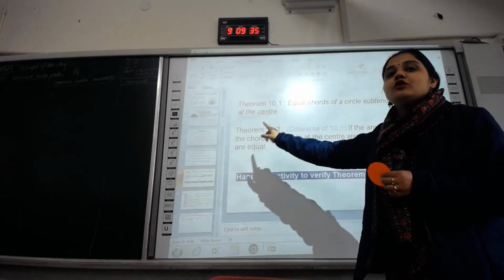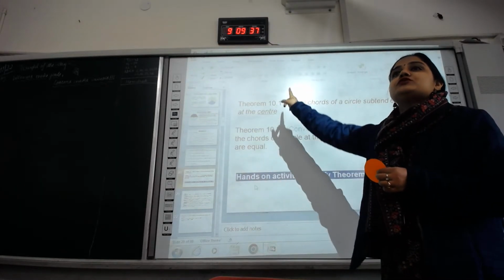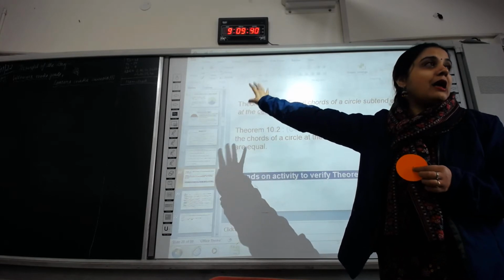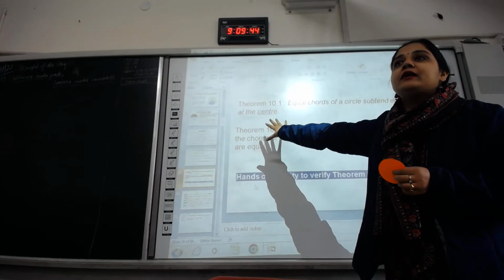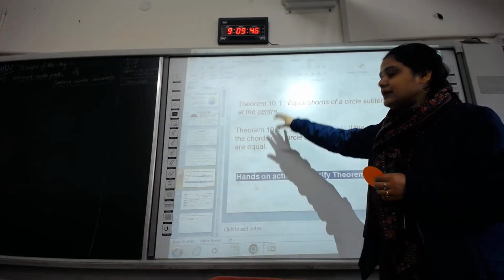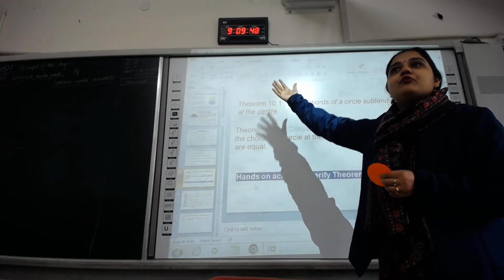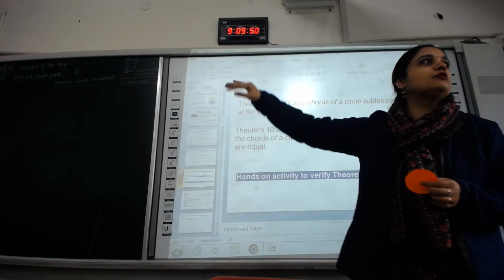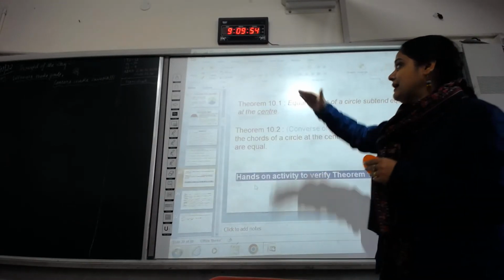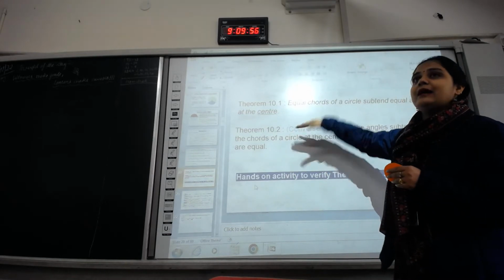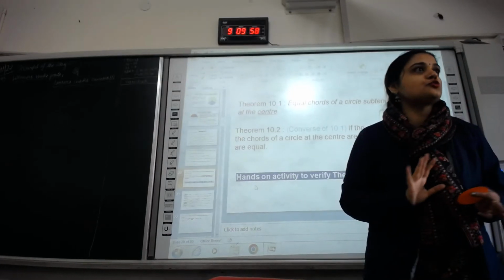So basically theorem 10.2 is the converse of theorem 10.1. And when we verify this with the help of an activity, we'll see that both the things are connected. One will prove the second one and the second one will prove the first one. Alright, it's an if and only if statement. If this is so, then this will be so, and if this is so, then this will be so.